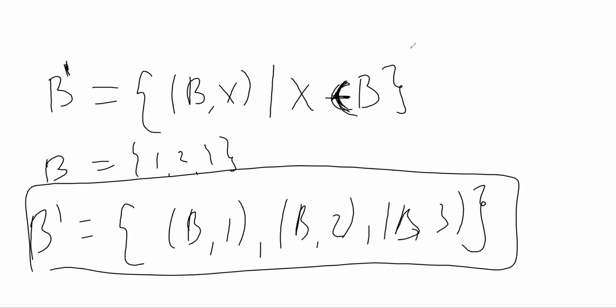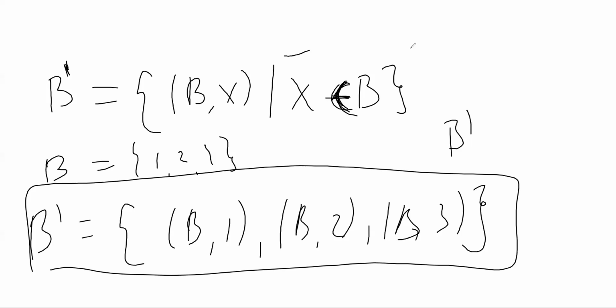And so what happens is that B apostrophe is now a collection of ordered pairs, right? Wait, give me a second. How do we order them? I forgot how we order them. I don't think it's an ordered pair. So okay, forget me saying that it's an ordered pair. It's just a collection of pairs.